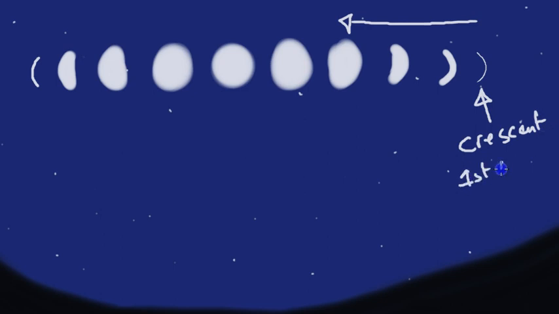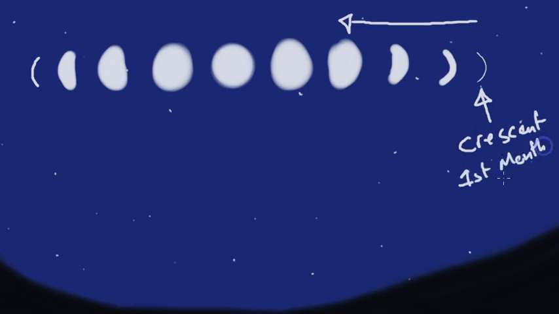Now this is the way we're going to go from right to left. Now the first moon phase is called the crescent. So here you have the crescent, and this signifies the first of the month.